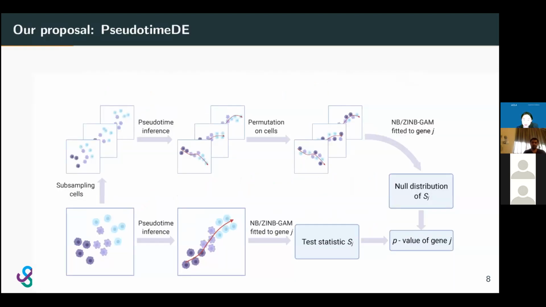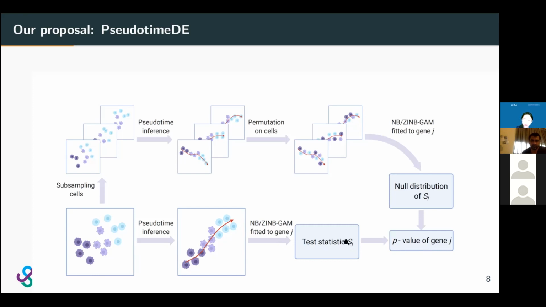So this is our proposed method, PseudotimeDE, and here is the illustration. We try to capture the uncertainty in pseudotime inference via subsampling. Let's first look at the original data, the whole sample. We perform pseudotime inference, and then we apply, which I'll introduce later, a negative binomial generalized additive model or zero-inflated negative binomial generalized additive model, short as GAM, to each gene j, and calculate a test statistic S_j.